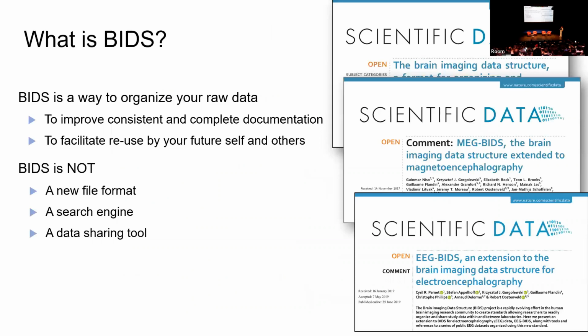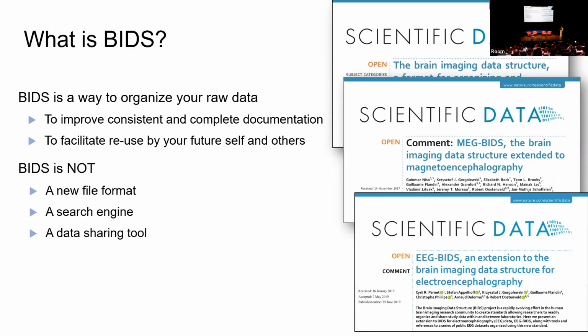So there have been efforts to establish a new standard for how to store your data, which is the Brain Imaging Data Structure, BIDS. It's not a data format, but a way to organize your data to make sure that the documentation is consistent and complete.